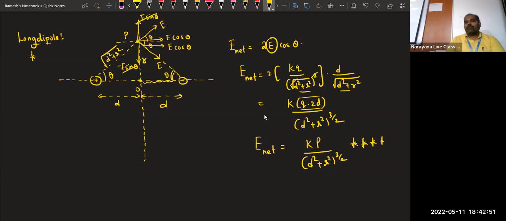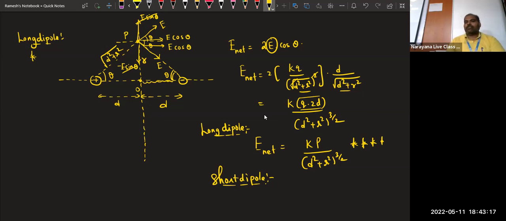But this formula is applicable only for which dipole? Long dipole. For a short dipole, we'll see. I told you many times the meaning of short and long. Even if you are a tall person, you will be short if I see you from a long distance. That is a relativity concept.